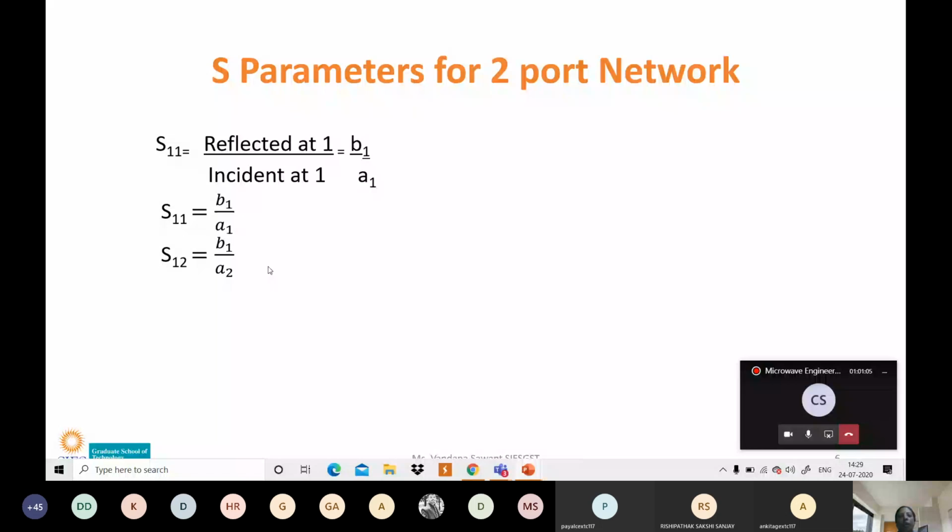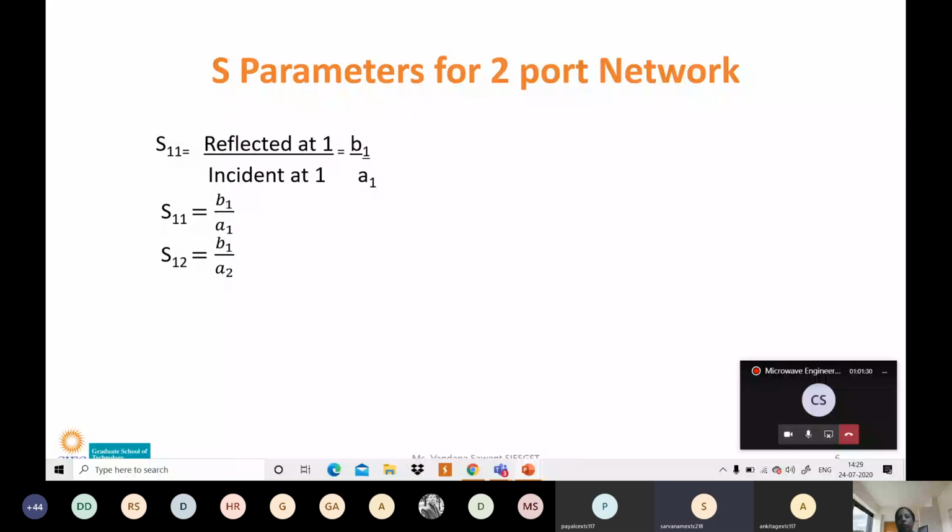Now you have to write it for S21. Everyone has to write it yourself. What will be the formula in terms of A and B for S21? The third parameter is S21. Ma'am, B2 by A1.